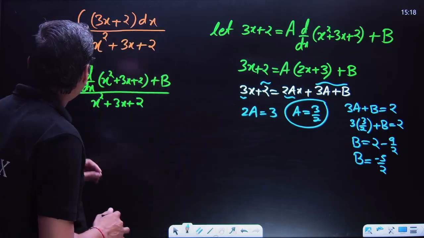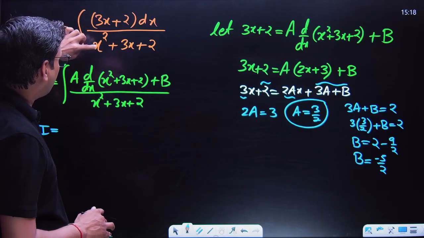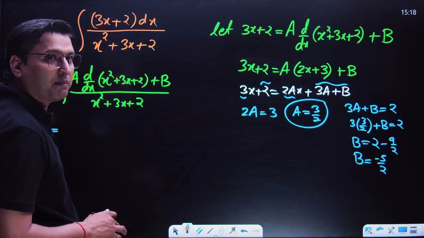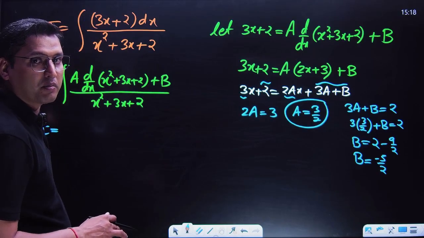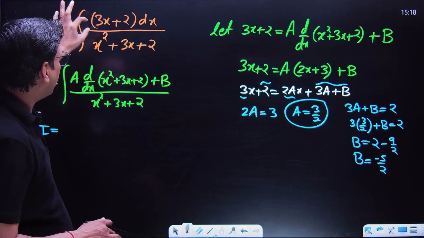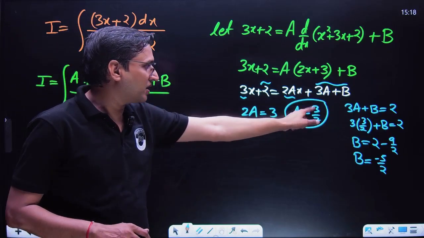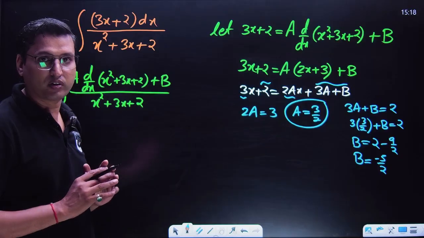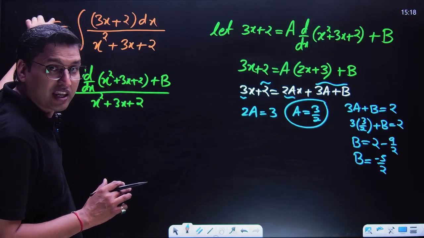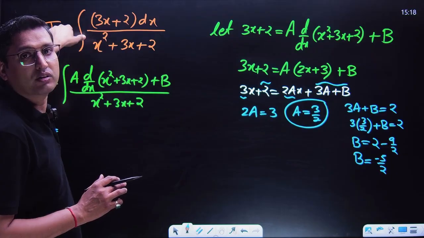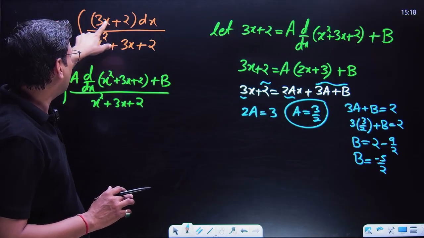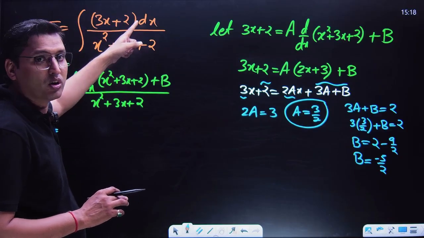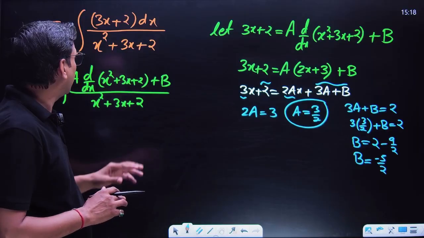Just do one thing, what? Take 3 common. Now make the differential in the numerator. Then I need to multiply by 2 there, in the numerator and denominator, so 3/2 will appear, and it will become 2x. Now a is coming out to be 3/2 over here also. After taking 3 common, it will become 2/3, and when you multiply by 2, it will become 4/3, and you need 3.